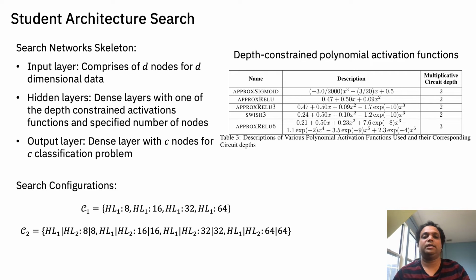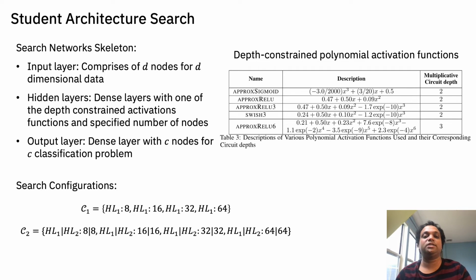So the general skeletal structure of these neural networks is an input layer, one or two hidden layers, and an output layer with C nodes if it's a C-way classification problem, if there are C types of target variables.